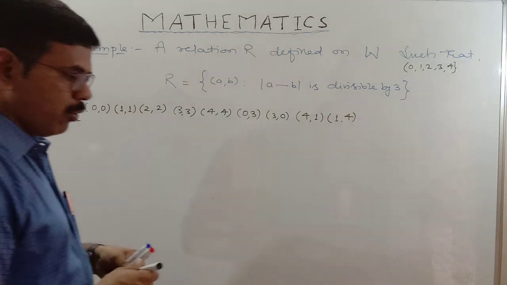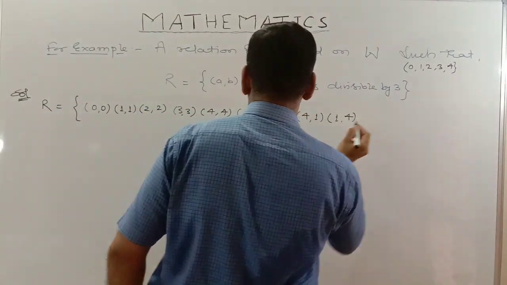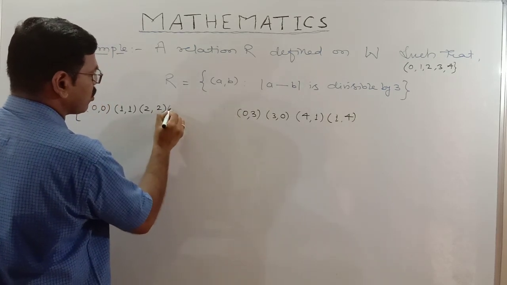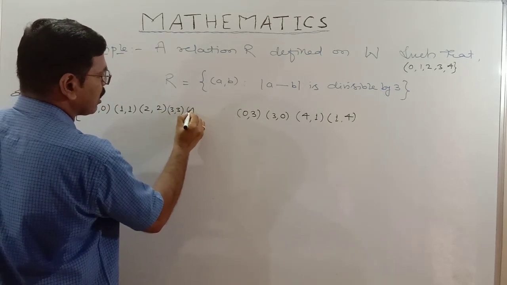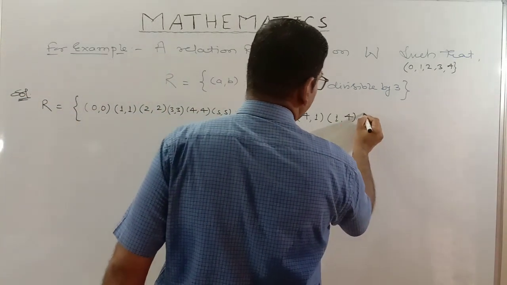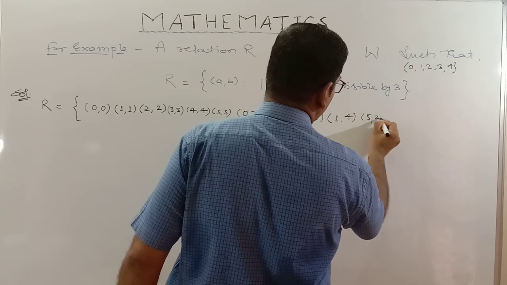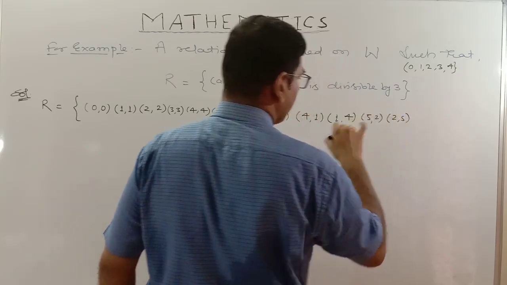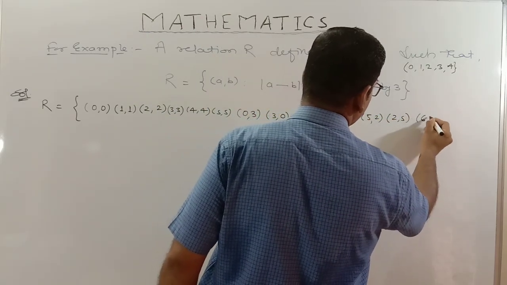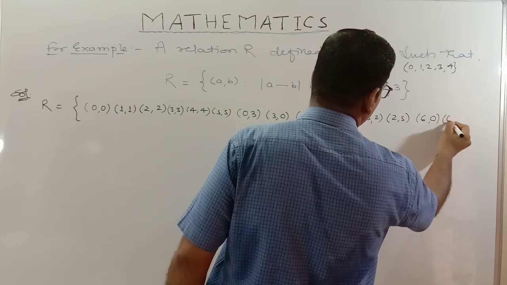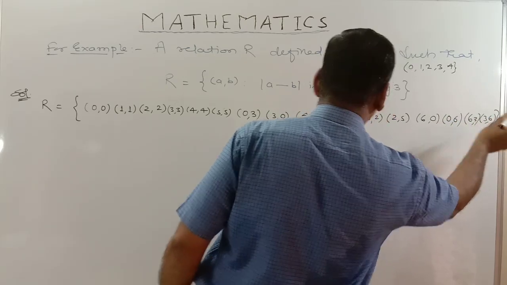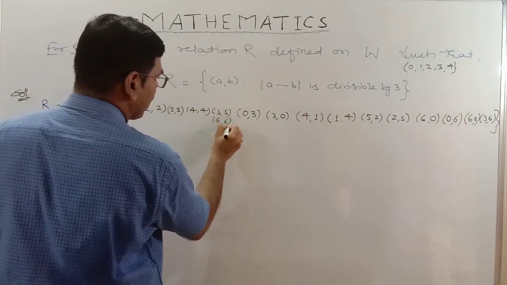We need to take a few more, so let us take up to 5: (5,5). Increasing by 1, we have (3,3), (4,4), (5,5). Then (5,2) and (2,5). Then suppose we take 6: (6,0) and (0,6), and (6,3) and (3,6) are also elements. (6,6) we are also including.